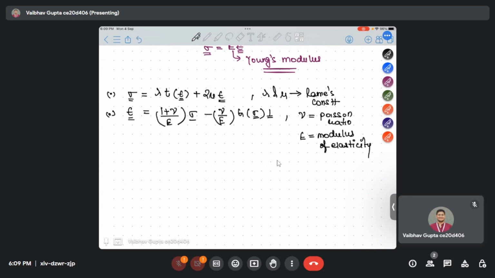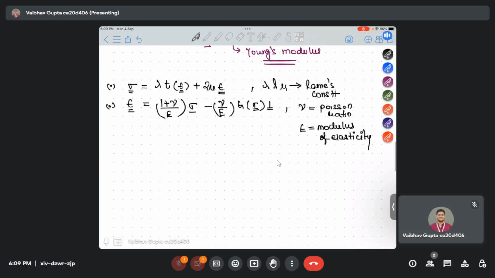So this is the two-way in which we can relate stress to strain with the help of Poisson's ratio or Lame's constants. This will help us find the stress matrix when the strain is given, or the strain matrix when the stress is given. So this is the formula required.